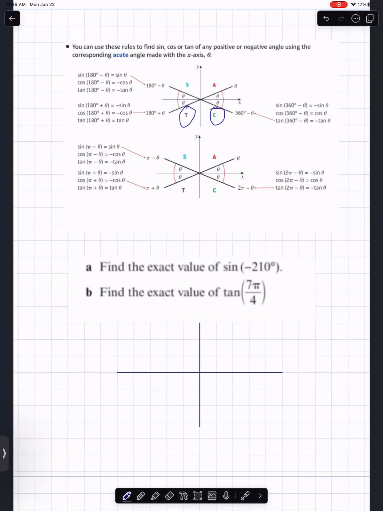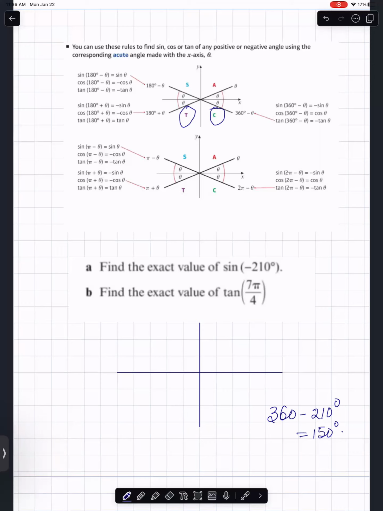Are we okay? So that is where we have the values of that. So what I will have on this quadrant here: sine negative is what? Sine of 360 minus theta. That means we have 360 minus 210 degrees, which gives us what? 150 degrees. So that is the angle we have there.